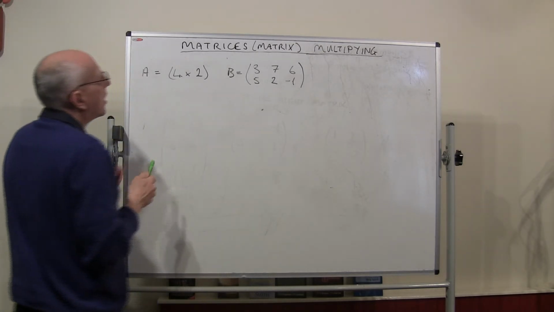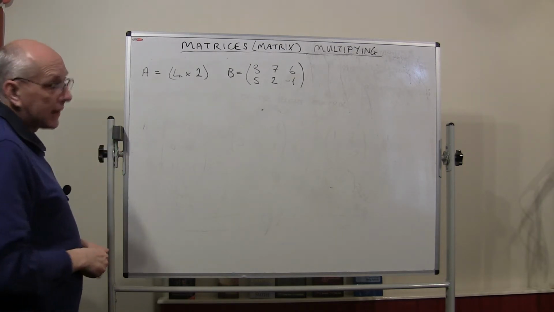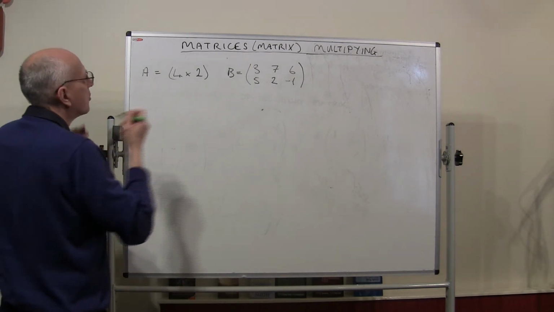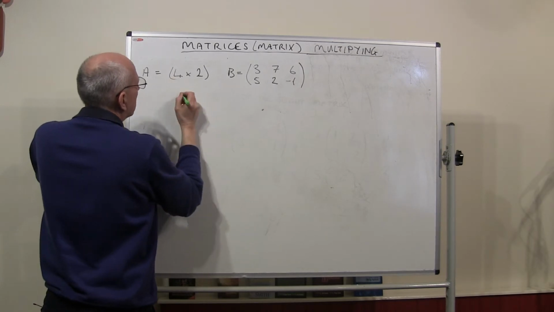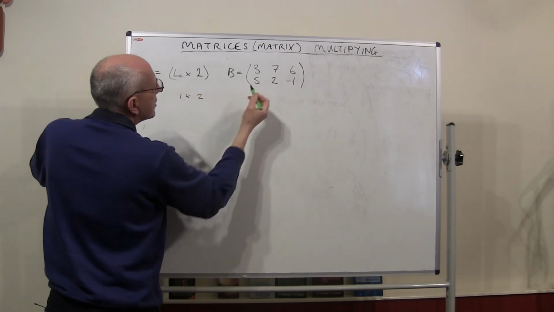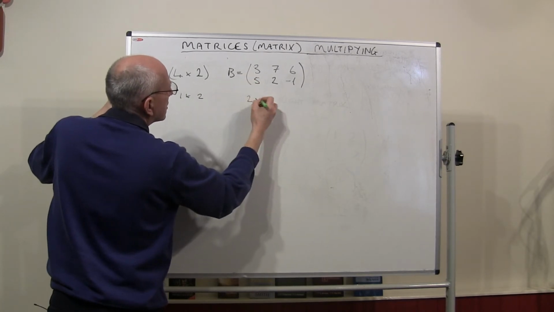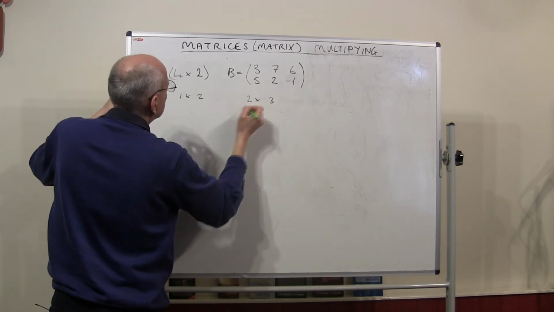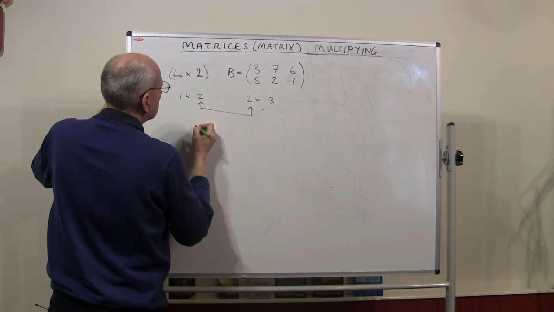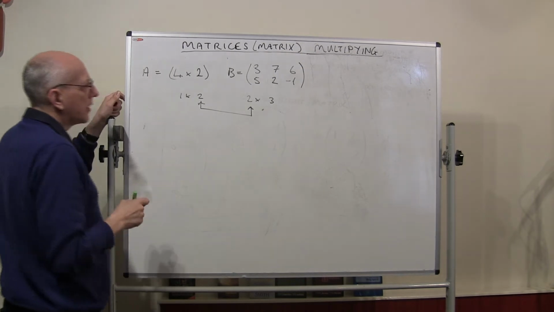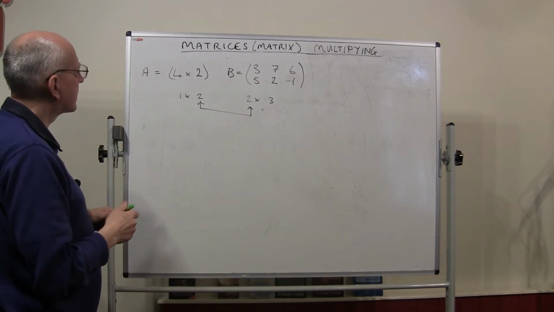So let's have a look. Firstly, am I allowed to do it? Let's have a look. This is a 1 by 2, so 1 times 2. And this one is a 2 times 3. So these agree. And then my result will be a 1 by 3. So just one row.